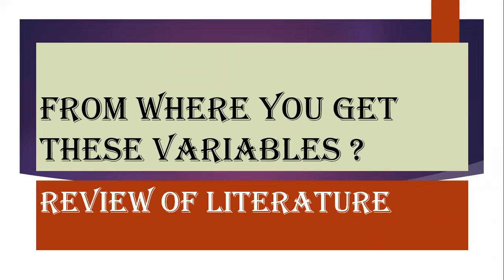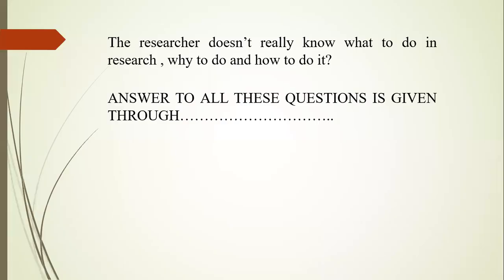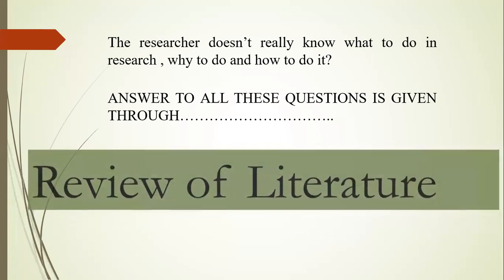So in today's session, what I'm going to teach you is, when we have downloaded our topic related research papers, how are we supposed to maintain review of literature? What are we supposed to read in that paper? What are we supposed to extract from that paper? And how are we supposed to build up a model related to our study? So we need to know what a model is also. The answer to all these questions is going to be through review of literature.